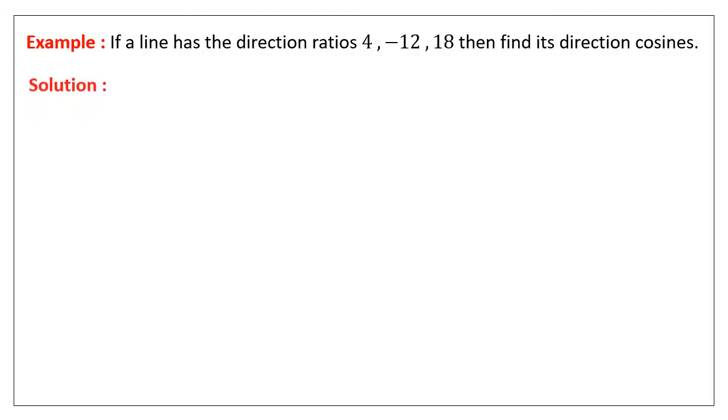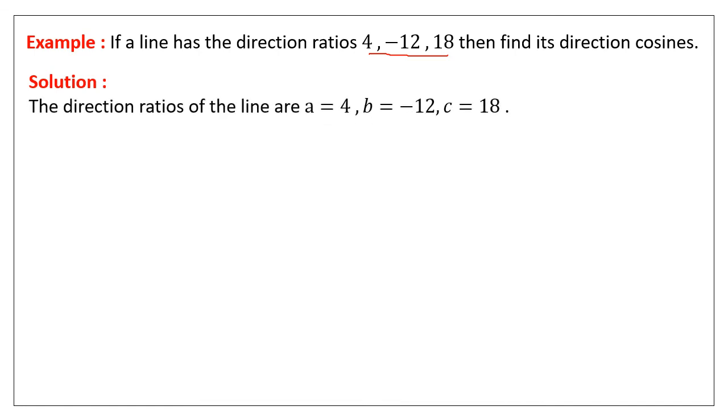If a line has direction ratios 4, -12, 18, then find its direction cosines. Solution. We will use here the relation between direction ratios and direction cosines. So student, here direction ratios are given. A = 4, B = -12 and C = 18. Let L, M, N be the direction cosines of that line.